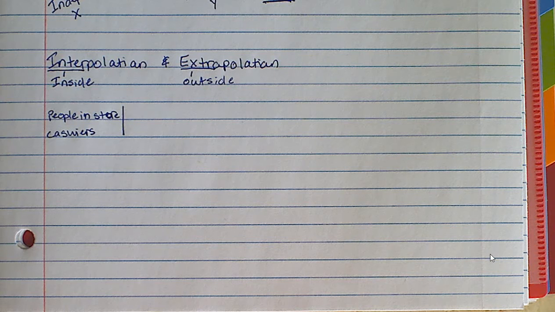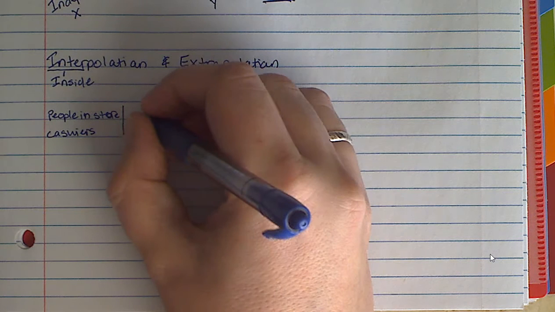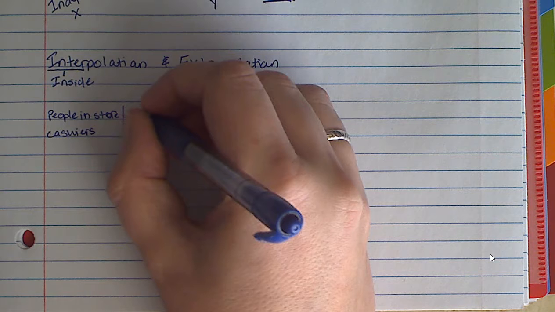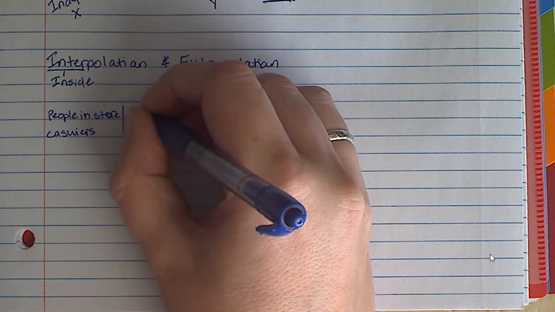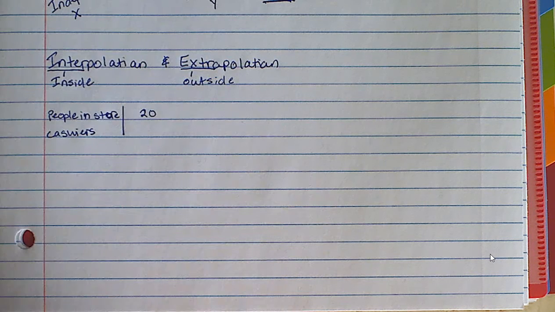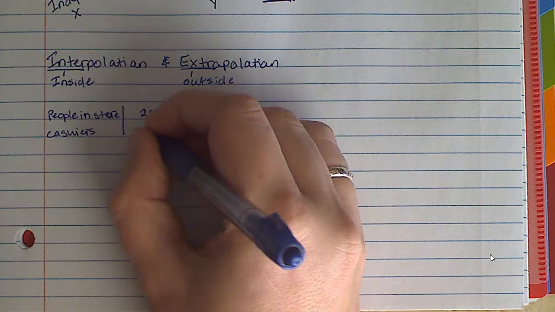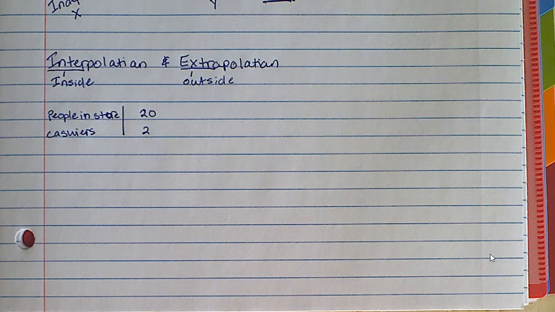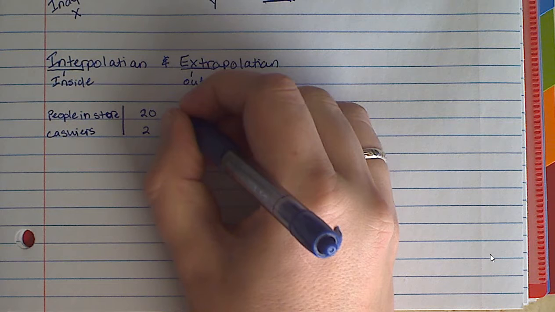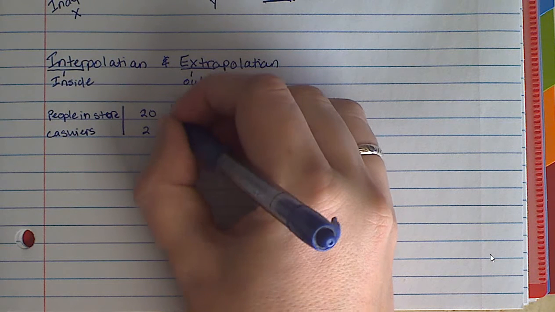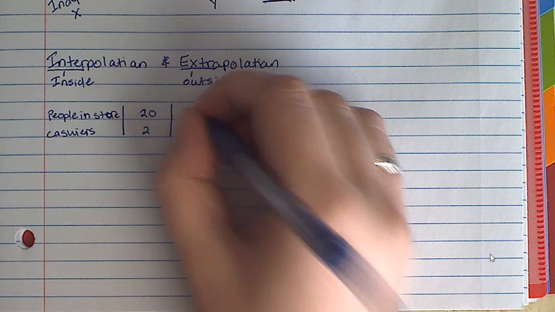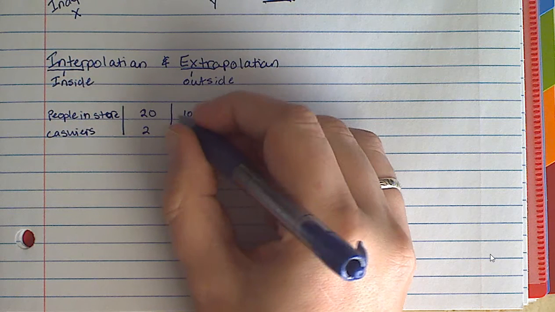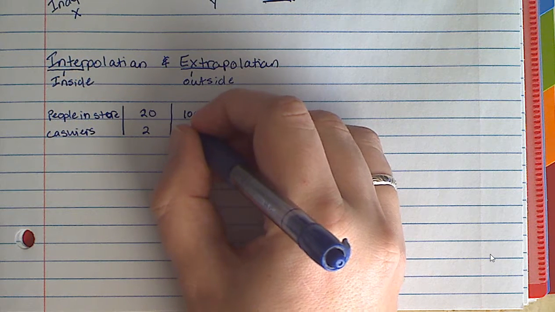Maybe in the morning, Walmart is predicting to only have 20 customers in the store, so they're only going to have 2 cashiers. Later in the day, they're predicting 100 people in the store, and so they've staffed themselves with, say, 6 cashiers.